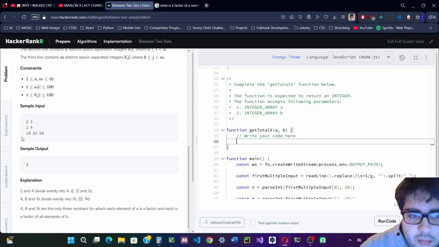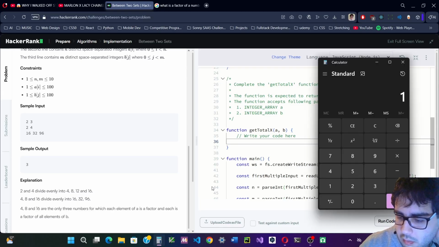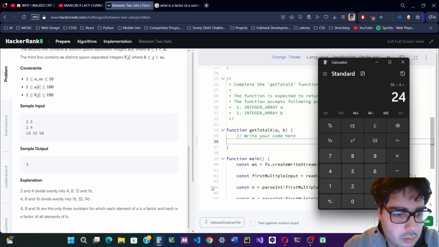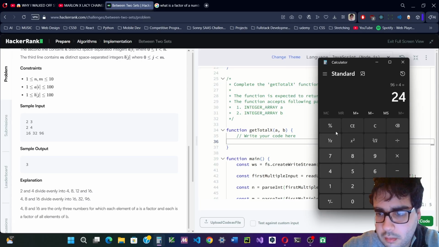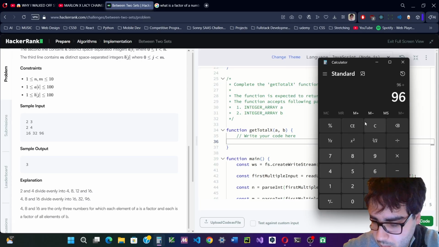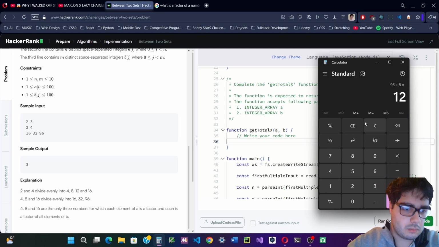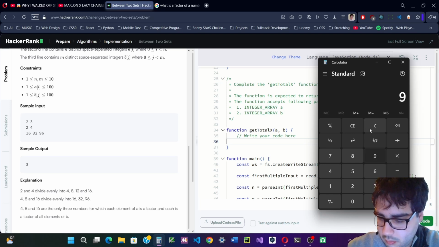So 4 is divided by 2. 2 is a factor of 4, 2 is a factor of 8, 2 is a factor of 16. 4 is a factor of 4, 4 is a factor of 8, 4 is a factor of 16. And also 4 is a factor of 16, 32, and 96.